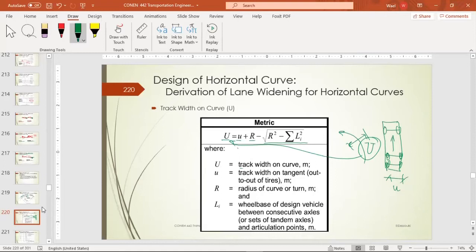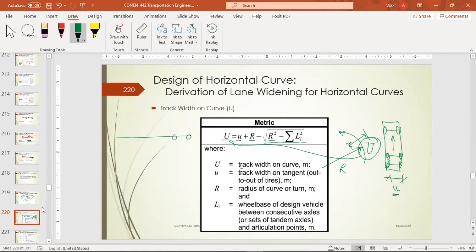The original track width plus R, that's the radius, minus the square root of R square minus the summation of Li square. What are Li square? I'll tell you now.